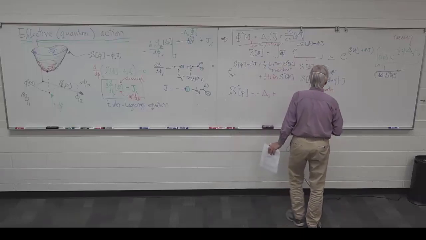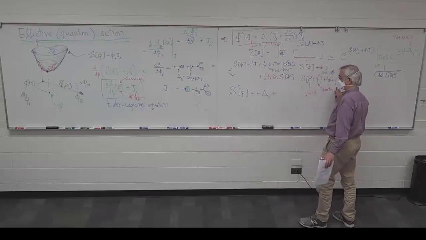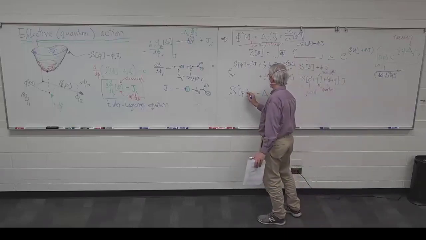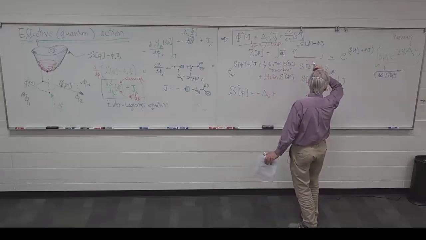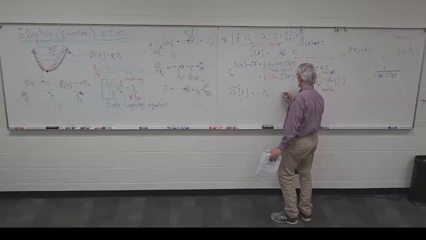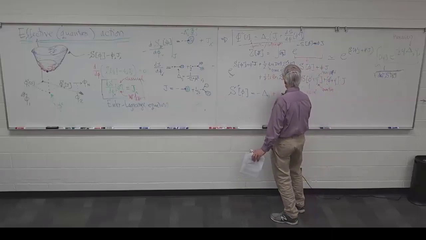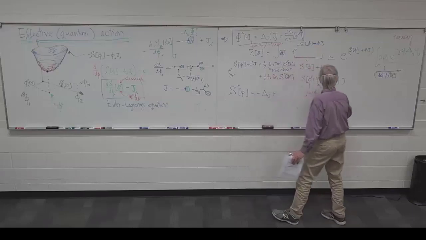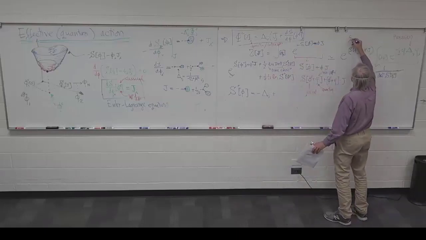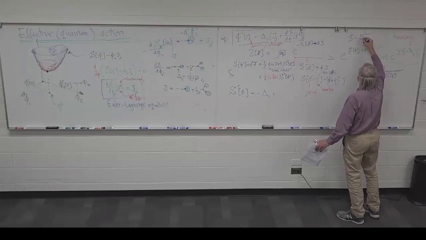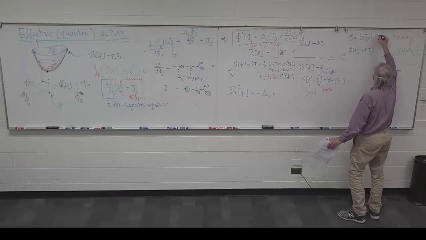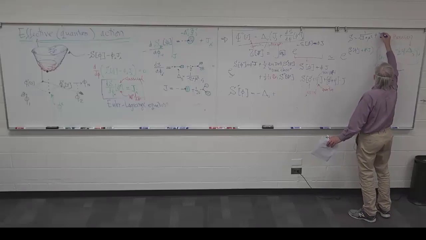Plus, and now when I look at the extra part, I get the second derivative of my potential, if S was 1 over, plus the second derivative of phi.